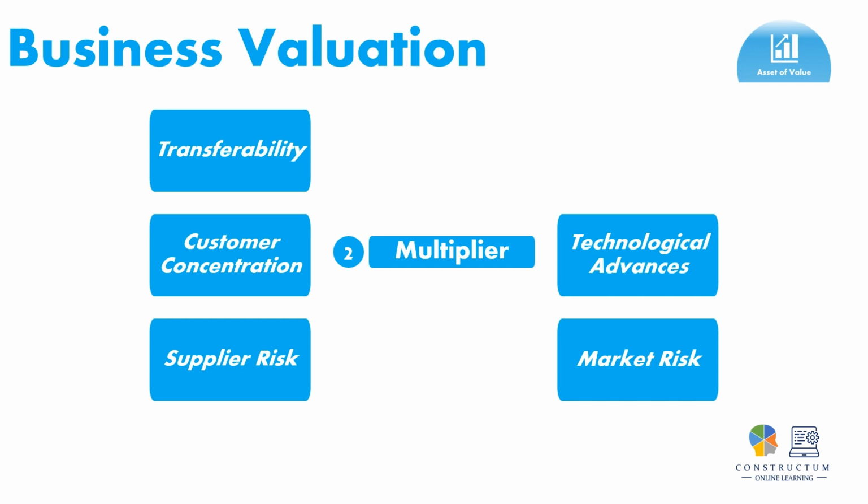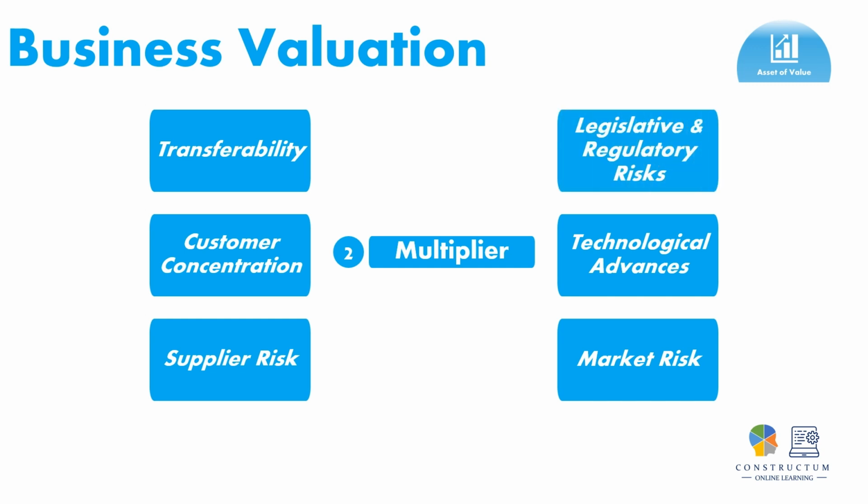Think of how the technological advancements related to using smartphones and online payment mechanisms impacted the taxi industry when Uber was launched. Legislative and regulatory risks. Recently, the South African government proposed legislation that will have far-reaching implications for the medical aid industry in South Africa. Regulations, often with good intentions, can be severely damaging to businesses.